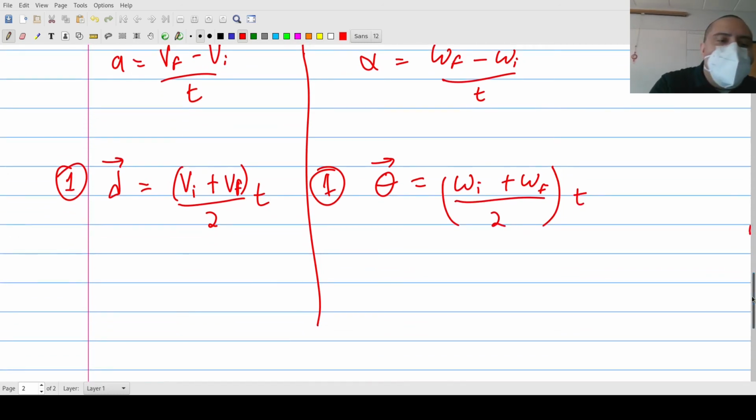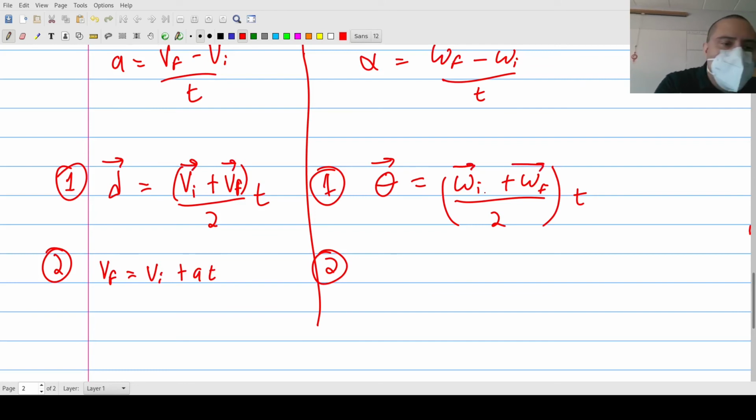You might remember our second kinematic equation: v final equals v initial plus a times t. Now I'm kind of missing some of my vector signs here. I'm going to go back and put some of those in. Okay, v final is v initial plus a times t. Well, the same thing is true in the angular system. Omega final equals omega initial plus alpha times t.